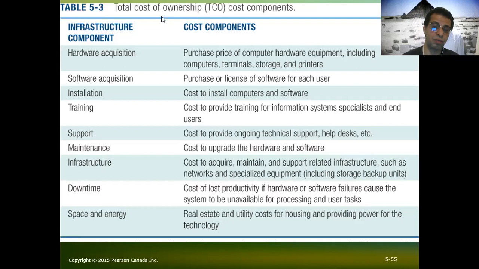Then you have training, which is you train people on that: the cost of providing training for information system specialists and the end users. You have the support part, which is the cost of providing ongoing technical support. These all come in as total cost of ownership.